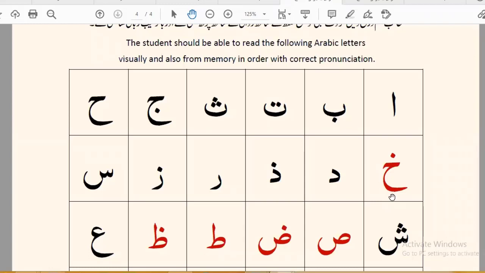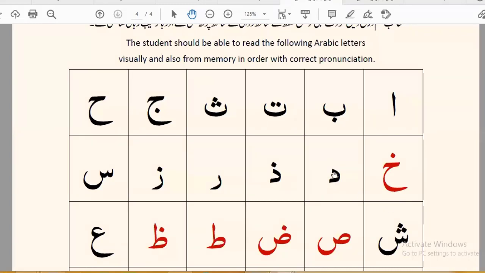A rounded face. Yes, a rounded mouth. Excellent. So we're going to pronounce this with a rounded mouth and a thick sound. So we're going to say kha. Kha, good. One more time. Kha. Kha, well done. Excellent. Really nice sound.